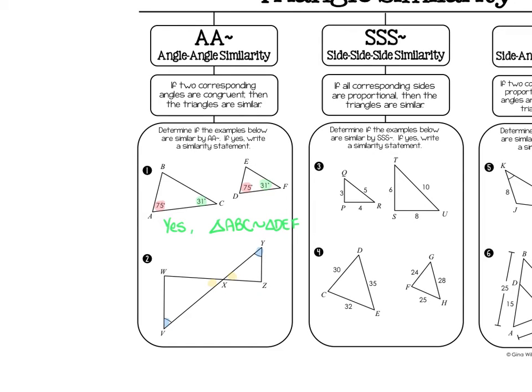Because they are vertical angles, and we've talked about that pretty much all year long. All right, so we now have identified 2 congruent angles in each triangle, and so we can say yes, the triangles are similar, and our similarity statement would be triangle VWX is similar to triangle YZX.